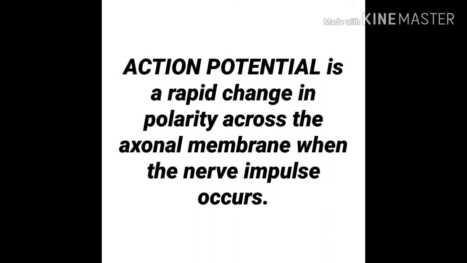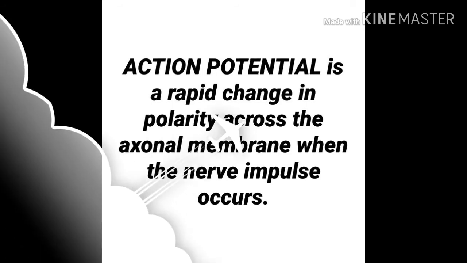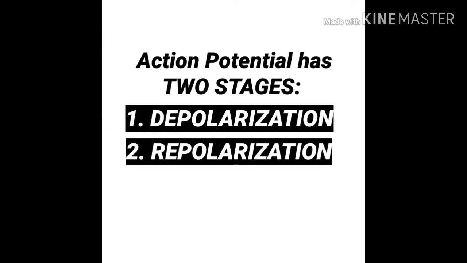Next, I will explain about the action potential. Action potential is a rapid change in polarity across the axonal membrane when the nerve impulse occurs. Action potential has two stages, which are depolarization and repolarization.